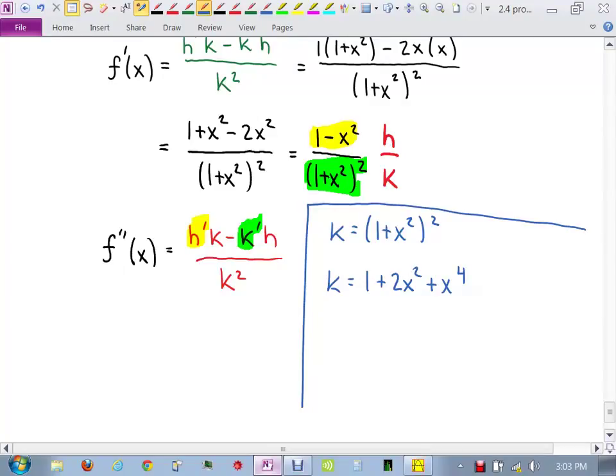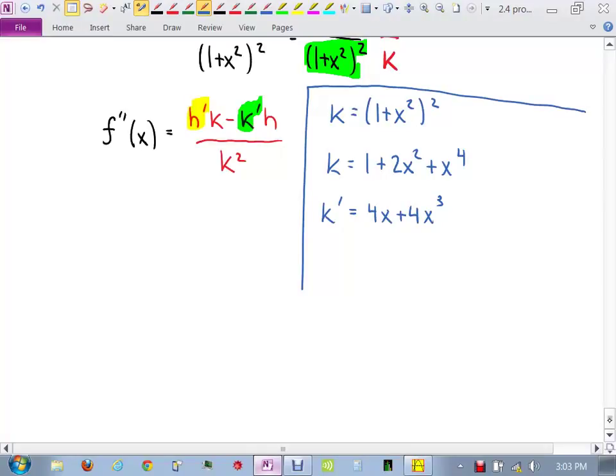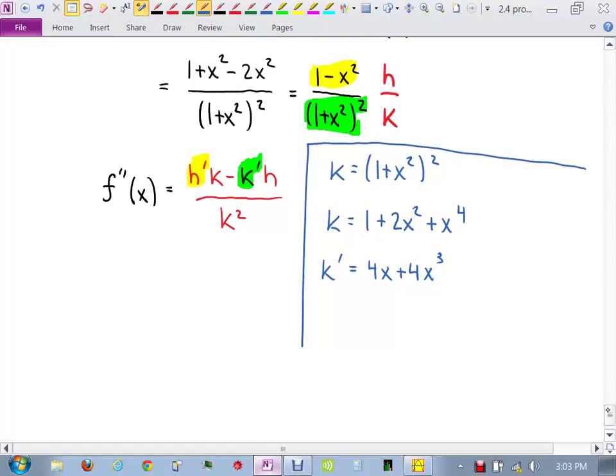Foiled it, right? And now what's the derivative of that? Isn't that nice? That's going to be that green part, right? That's going to go there.